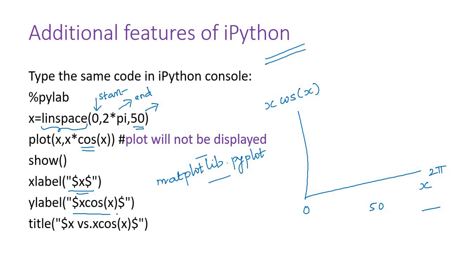Whatever you give within this y label will be printed here. This dollar sign means it is printed in LaTeX format, so it will look like an equation. Similarly, this title will give the title above the figure. The title will be x versus x cosine x.